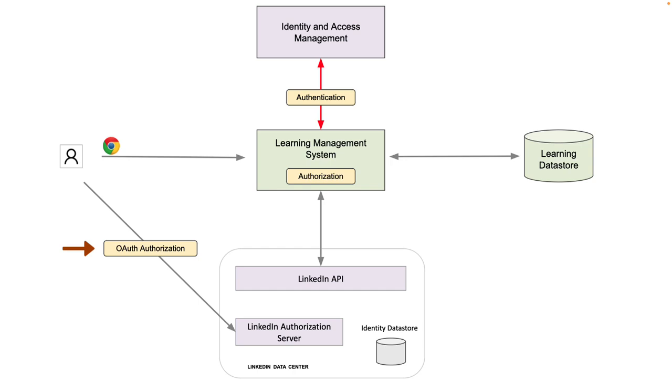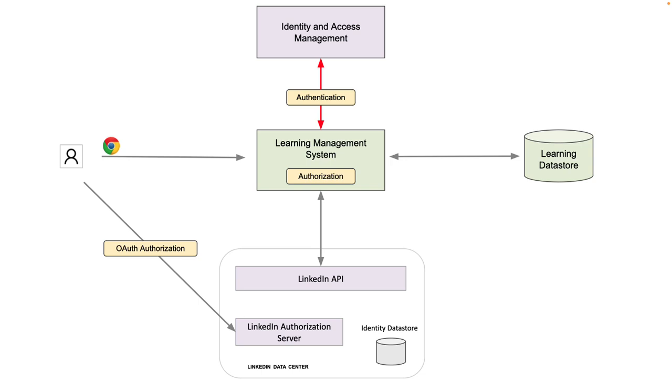A consent page will actually be shown to the user, and the user is going to explicitly click on the approve button to allow this. As a part of this process, the user will be asked to enter credentials to log into LinkedIn. And after that, the user will be asked to approve using a consent page. Basically, that's the OAuth authorization that the user is giving to the learning management system.